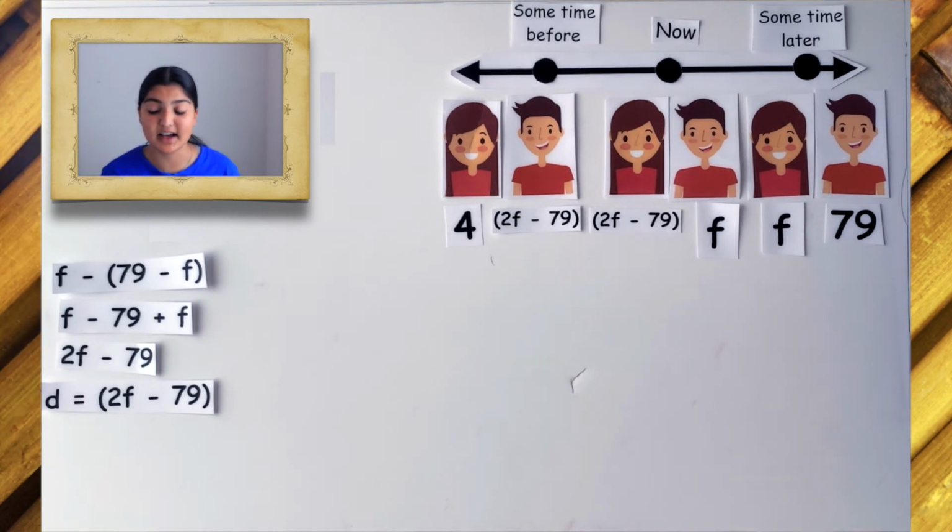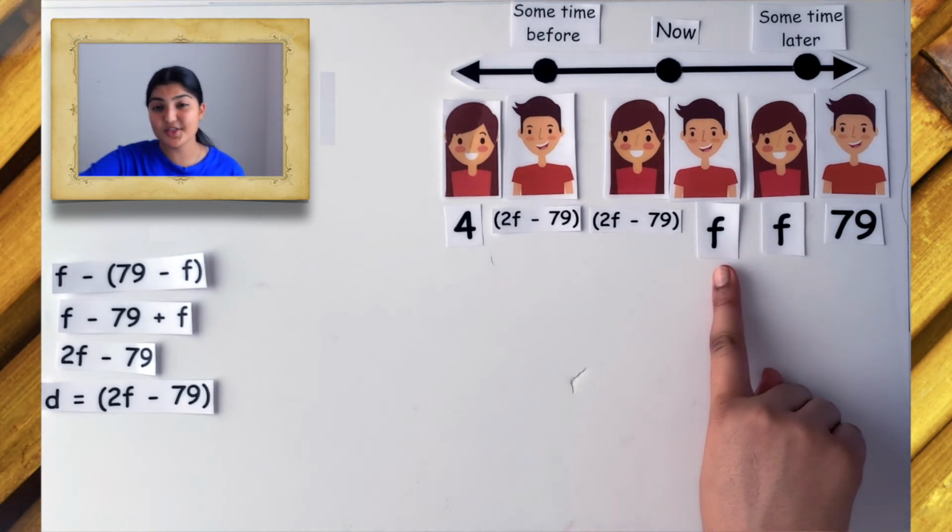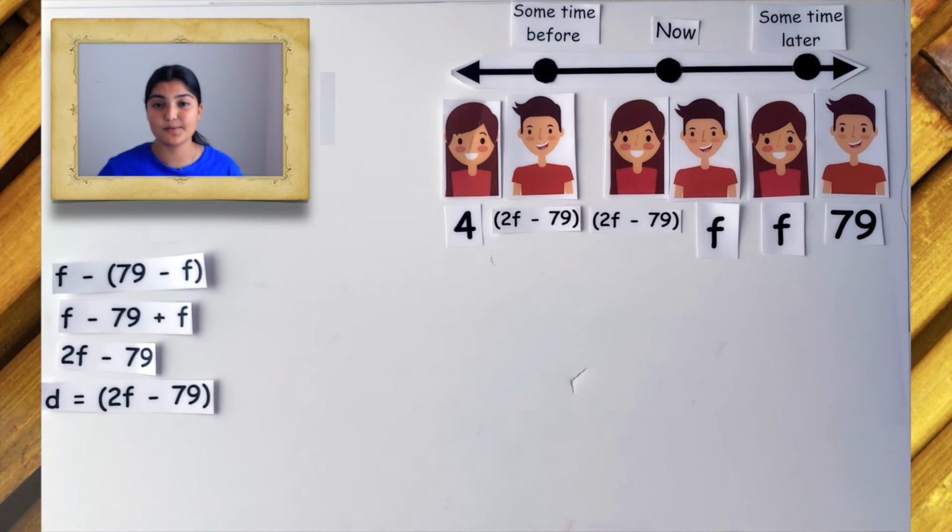And we want to find the daughter and the father's ages now. So how can we do that? Well, to do that, we can set up a single variable equation. And we can set this equation up by using the difference in their ages.